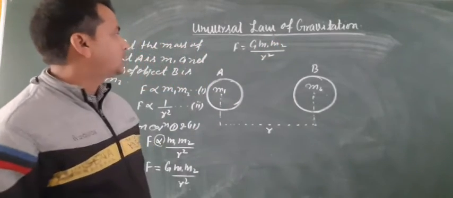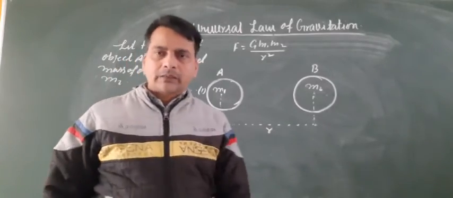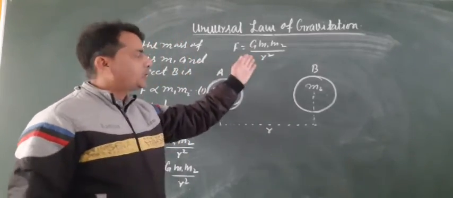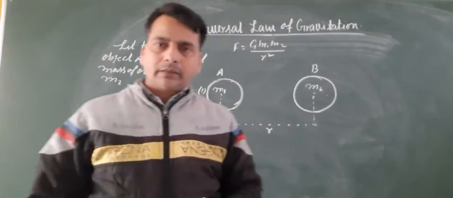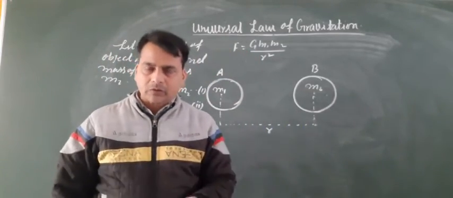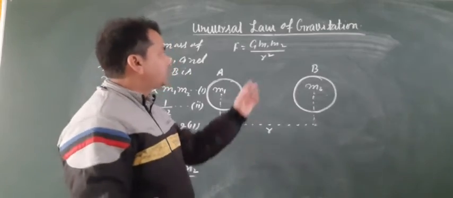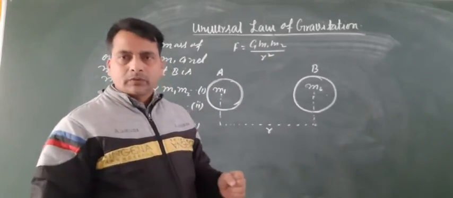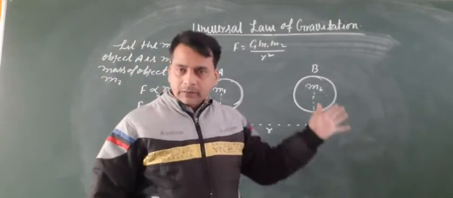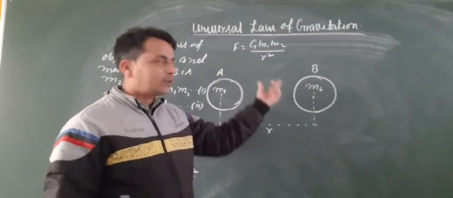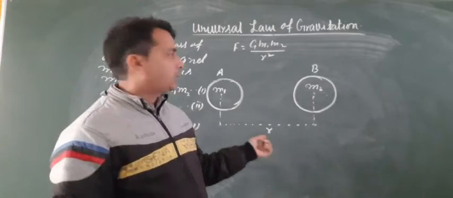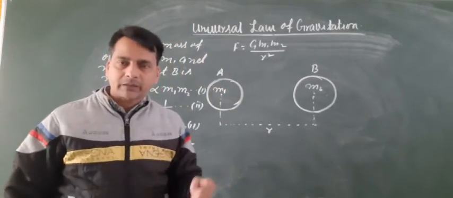Dear student, the formula of the gravitational force is F equal to G m1 m2 by R square. Here capital G is known as the gravitational constant, m1 and m2 are the masses of the objects or bodies, R is the distance between their centers, and F is the gravitational force.